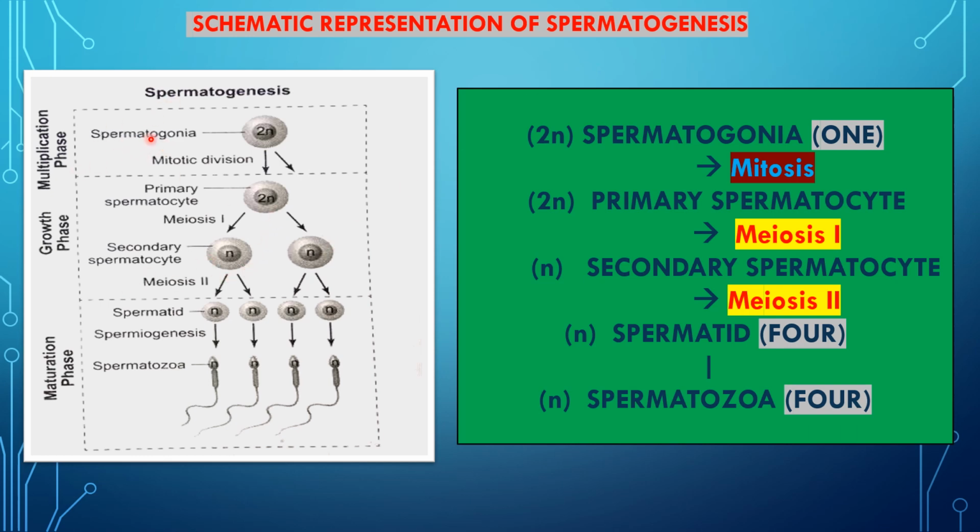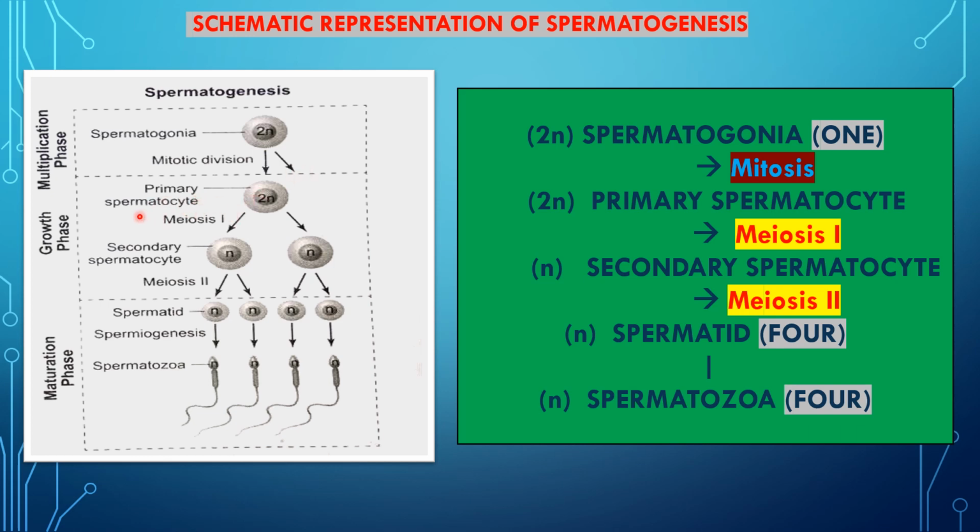See, this is a schematic representation. See here, spermatogonia is 2N. 2N is diploid. It undergoes a first mitotic division producing two primary spermatocytes. Yes, each spermatocyte is again diploid because it undergoes only a mitotic division. So the ploidy will not change. Whatever the mother cell has, the same ploidy will be present in the daughter cell also. So spermatogonia is diploid, so it produces two diploid primary spermatocytes.